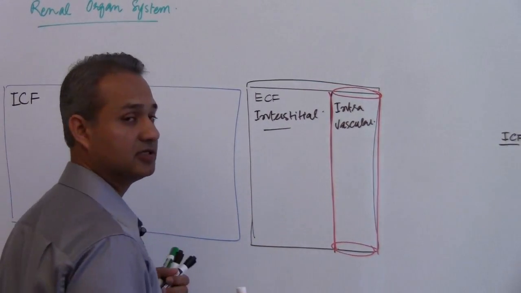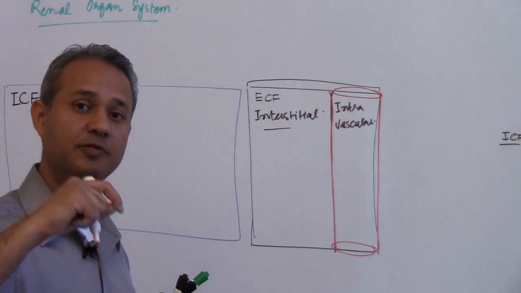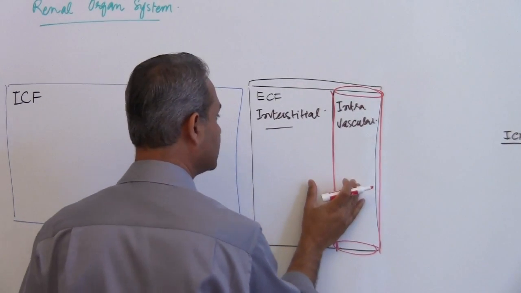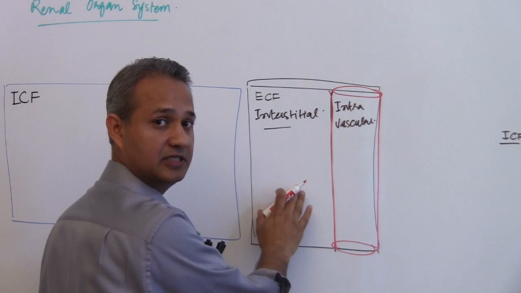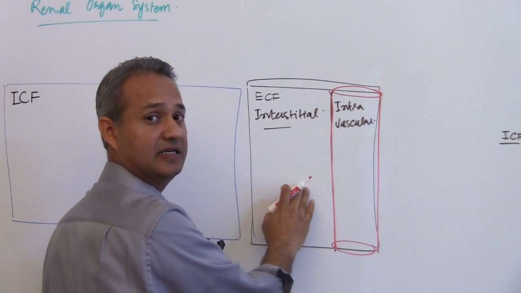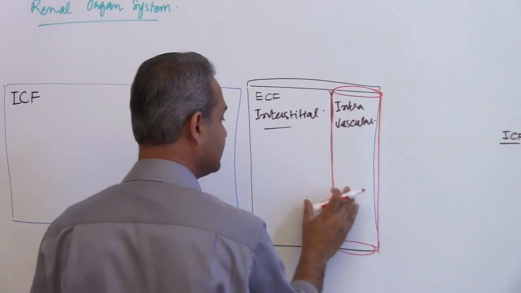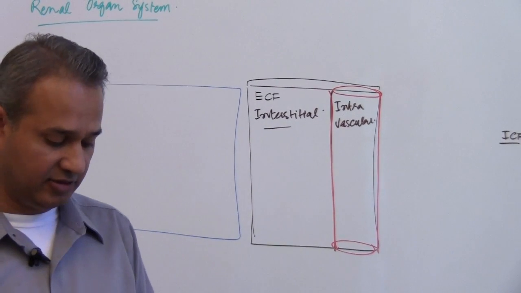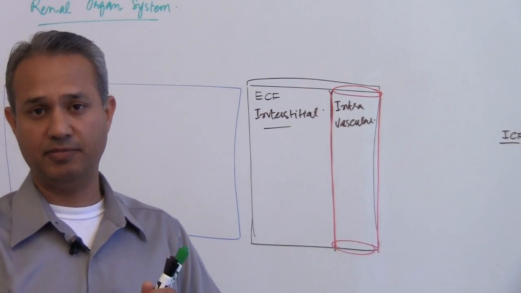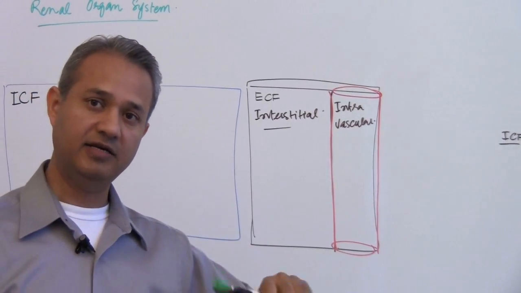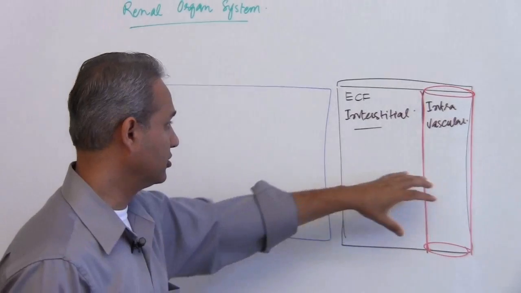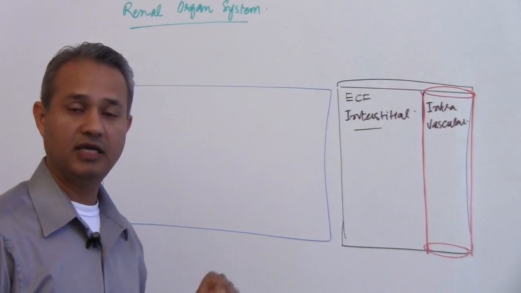The fluid present inside the blood vessel has a different composition as compared to the fluid present inside the remaining interstitial space. So that is why we divide the extracellular fluid into two primary compartments, intravascular and interstitial. We'll talk more about the composition differences between them.